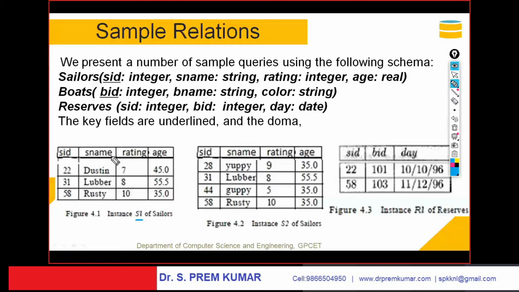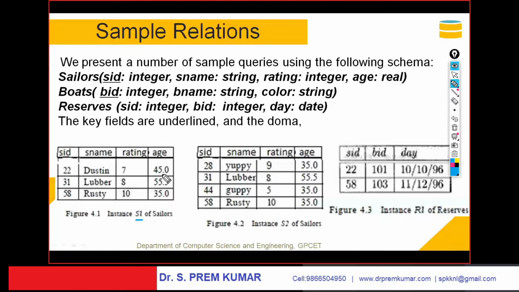Reading out: sailor ID is 22, the name of the sailor is Dustin. Rating is 7, depending upon skill he is given some rating, and his age is 45 years.